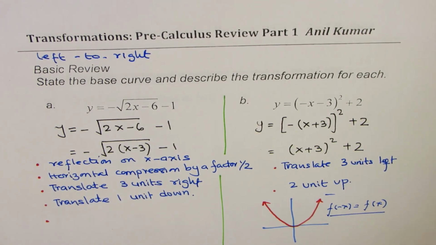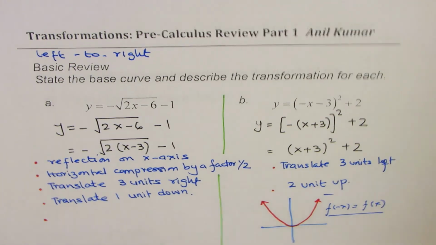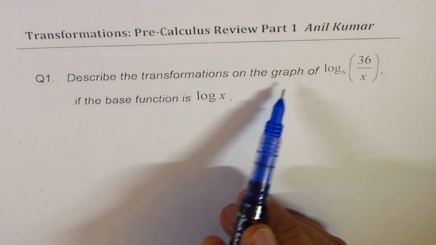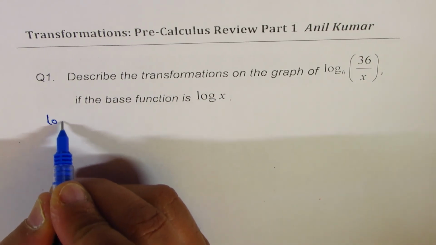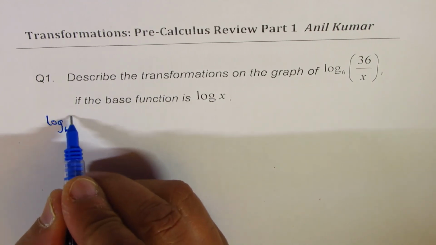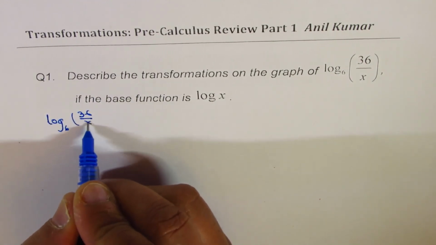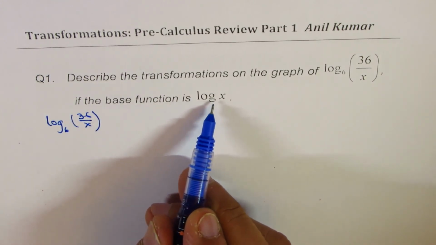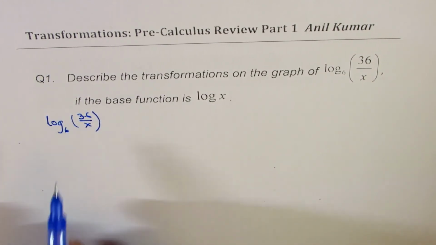And now let's move on with our real questions. Question number 1. Describe the transformation on the graph of log to the base 6 of 36 over x. We have to compare it with base 10. So let's rewrite this.